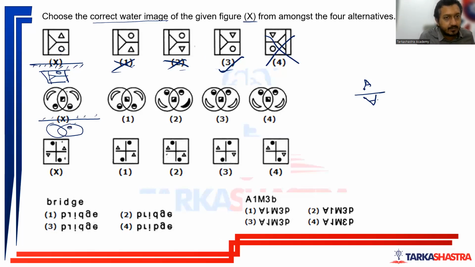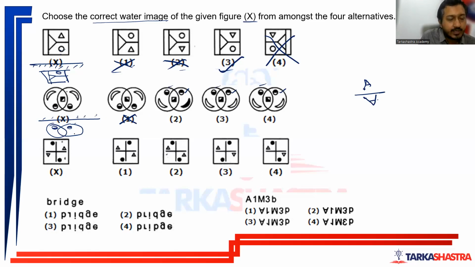So this circle is not coming up, no. So this circle is coming up and having upper part shaded. This circle will come here and will have lower part shaded because the unshaded part will be at the top and lower shaded part will be there. So everywhere it is correct.